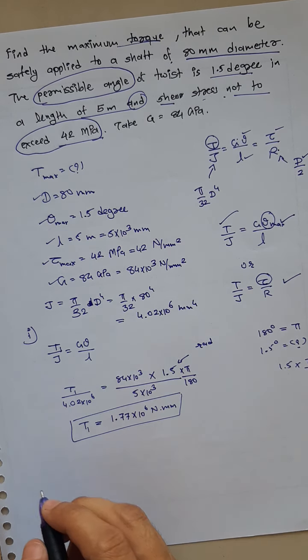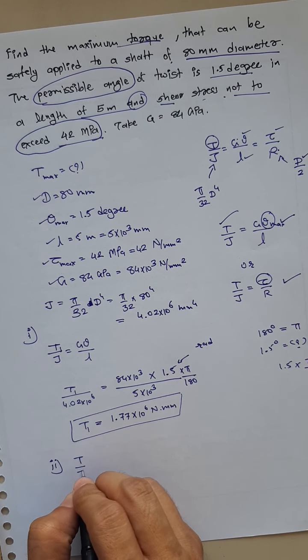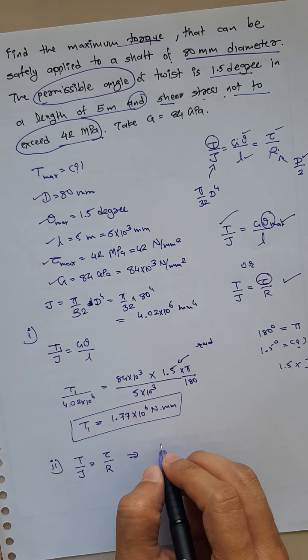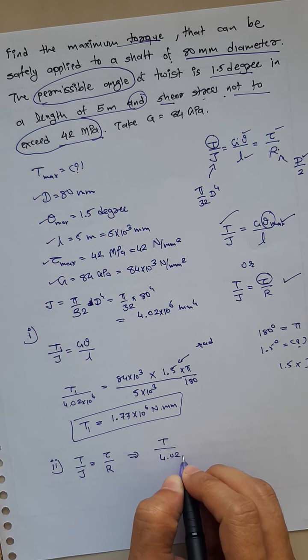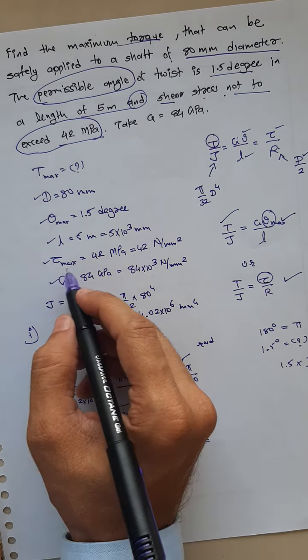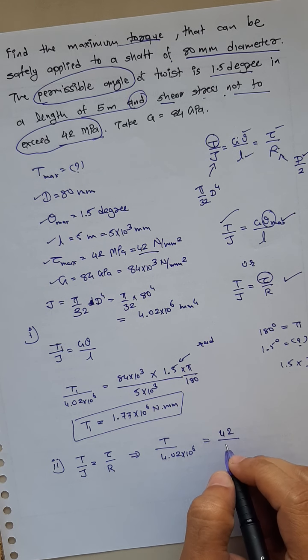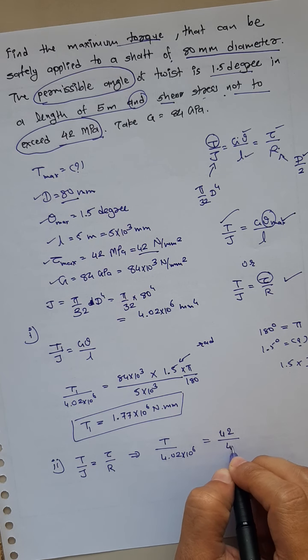Now let me use the other equation, second case, T by J is equal to tau by R. So let me substitute the values. T and J is 4.02 into 10 raised to 6 is equal to tau. Tau is given as 42 divided by R. D is 80, so R will be 40.